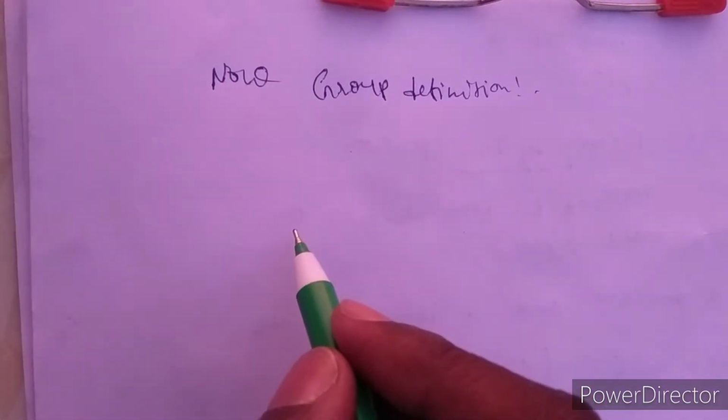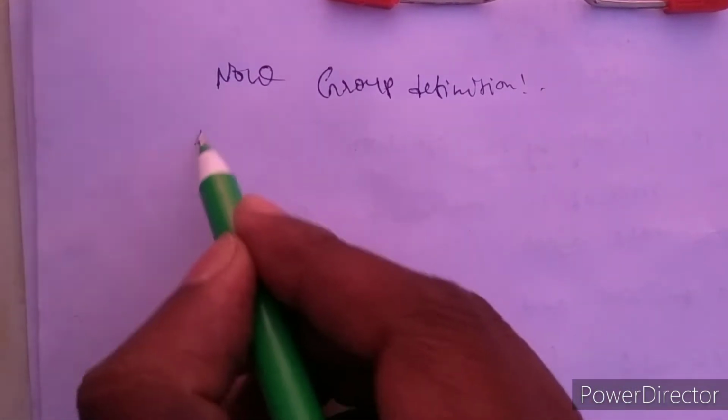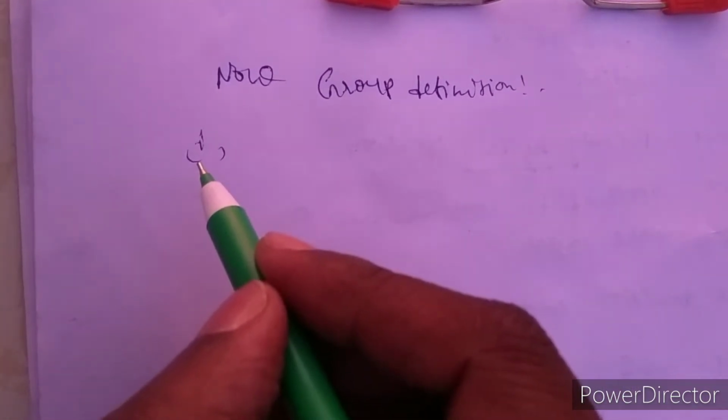Now, group definition. So what is a group? Up to now we discussed this binary operation.